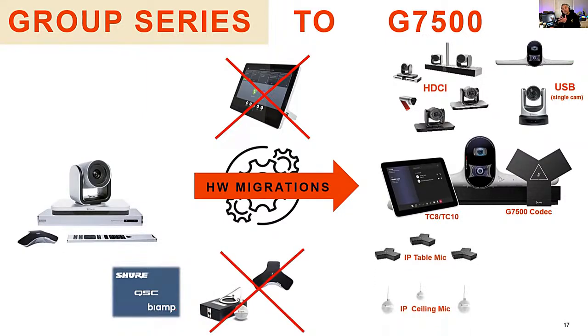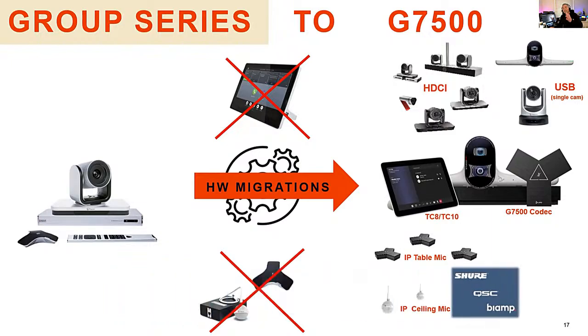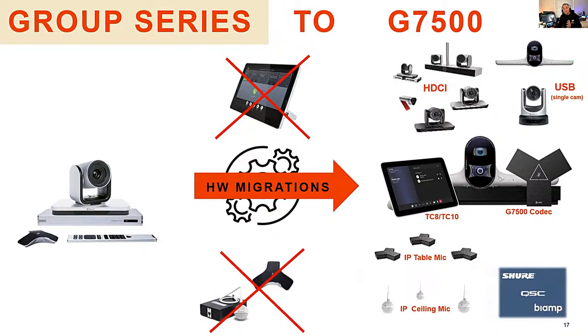Similar for the table and seating mics, which you had with the Group Series. Those were the C-Link connected devices. That is now the IP table mic and the IP seating mic. So these are also something you need to replace. If you have an external DSP provider, you can reuse it.